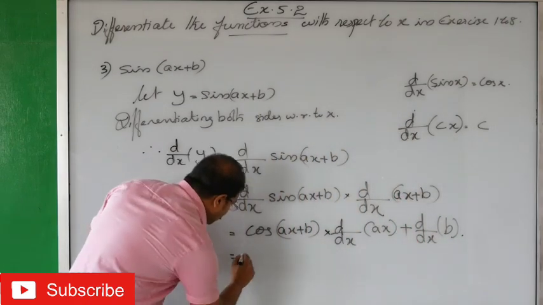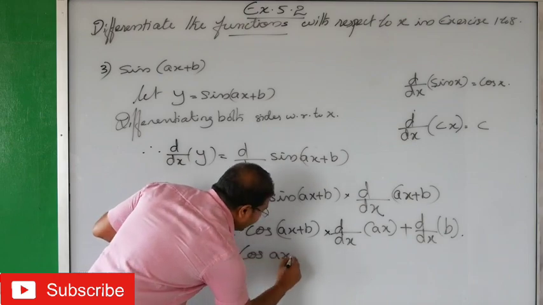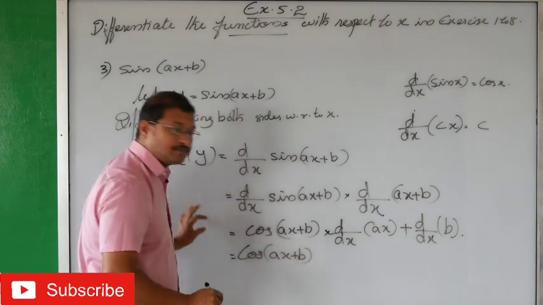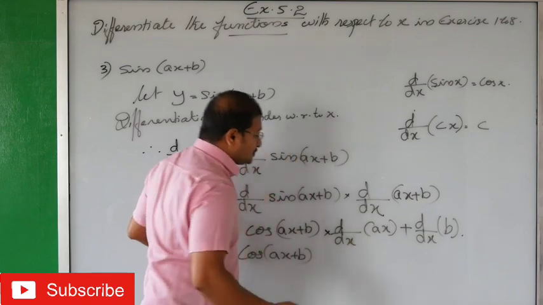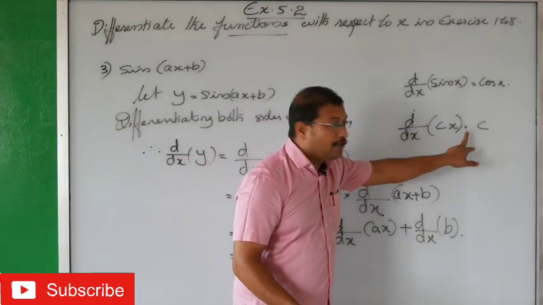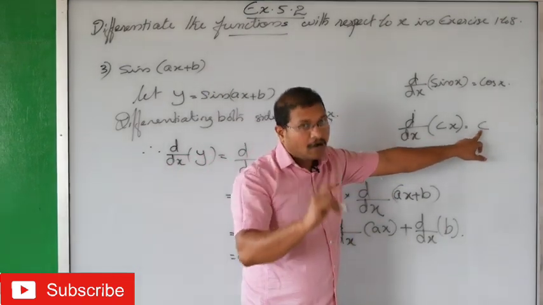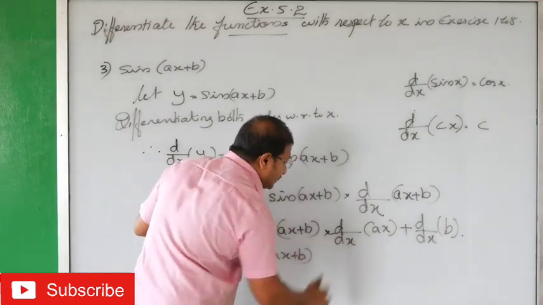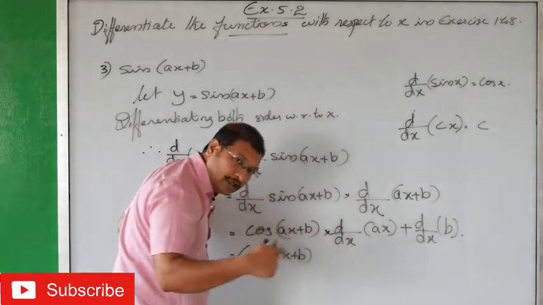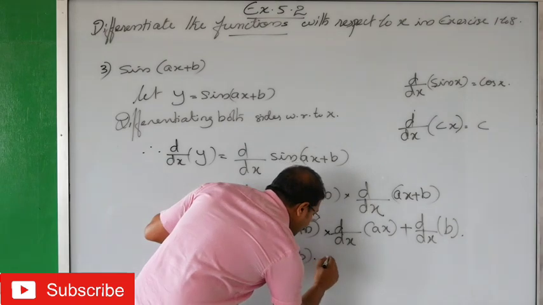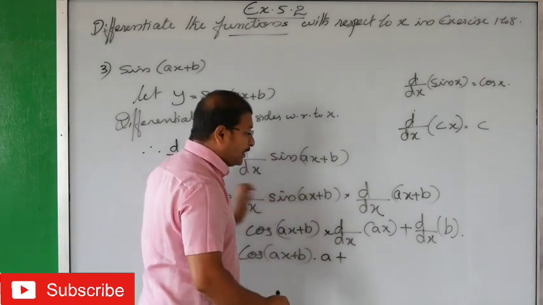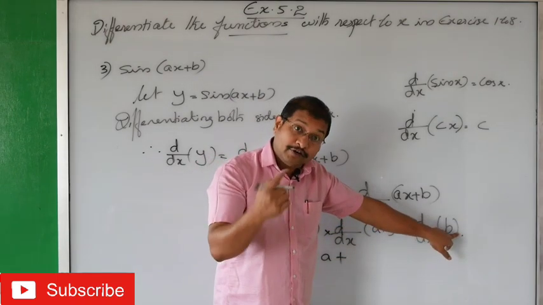This equals cos(ax plus b), derivative of x, derivative of a constant into x. What will we get? Constant, isn't it? Derivative of ax equals a, plus derivative of b, derivative of constant.